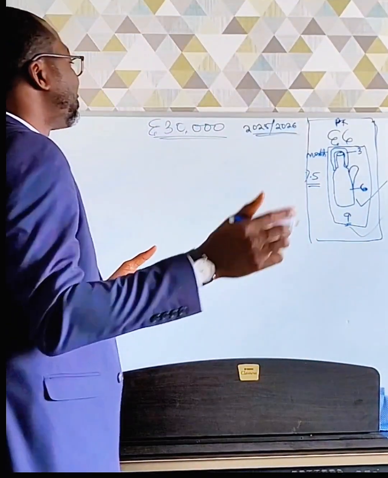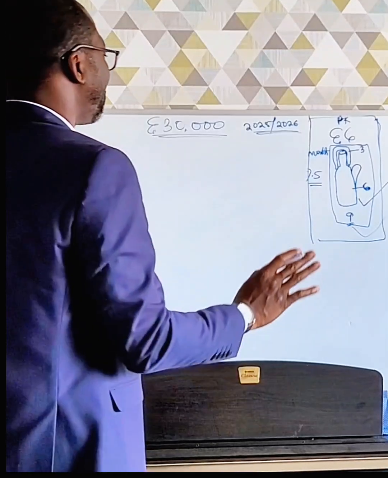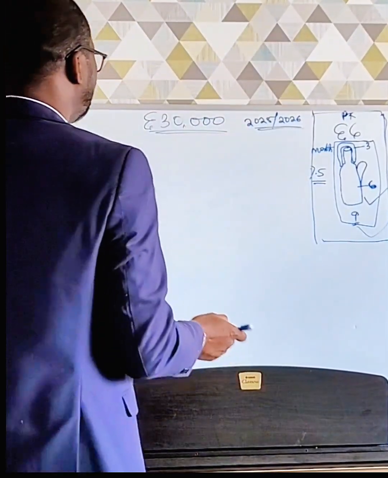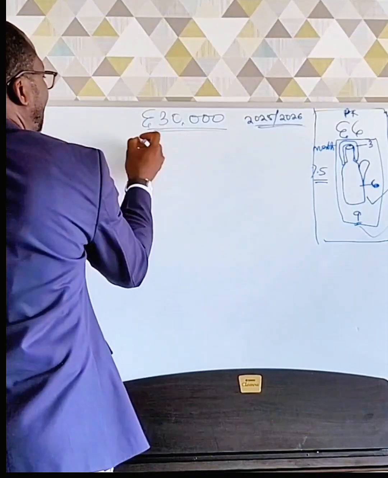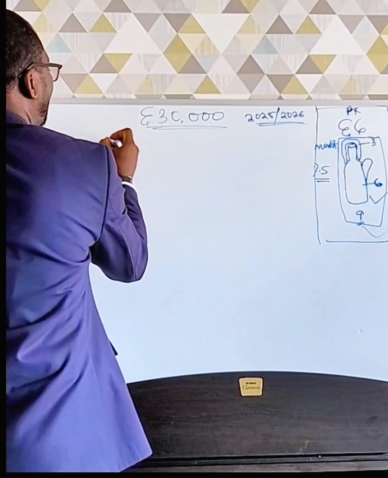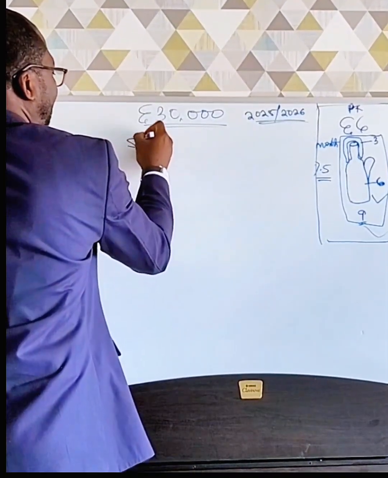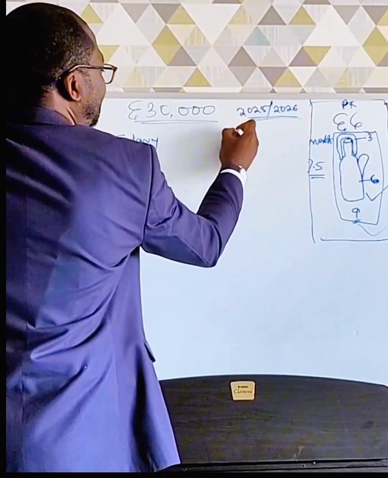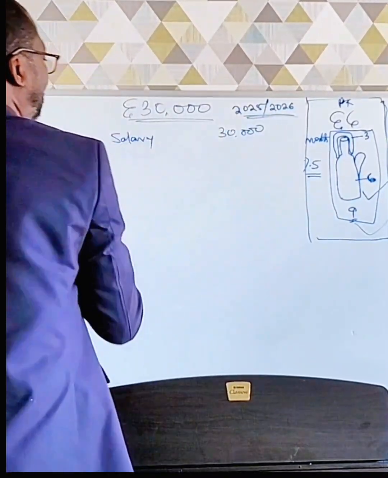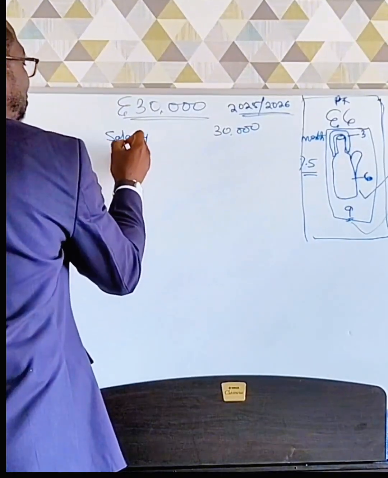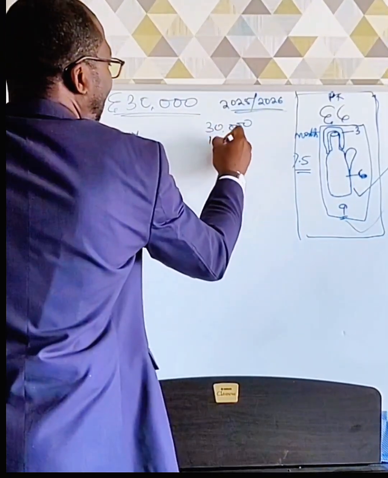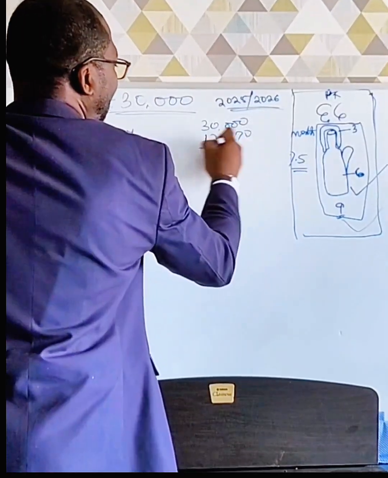All right, let's start with the normal one. Let's say you pay yourself 30,000, and how much is going to be your tax element there. Now, you have your salary to be 30,000. So the next thing you do is to subtract your personal allowance, which is 12,570.